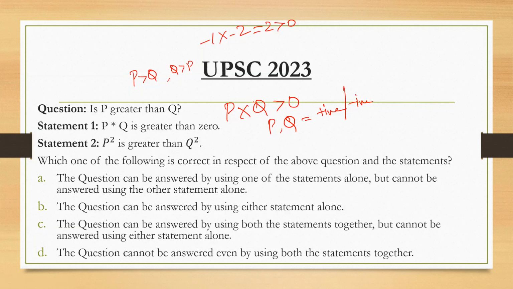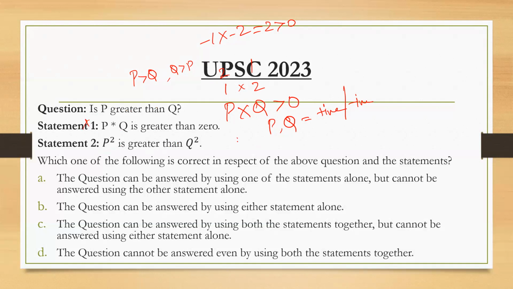When we only talk about multiplication, we cannot definitely say that P will be greater than Q. For example, the value of P could be 1 and the value of Q could be 2. Then Q is greater than P, but 1 into 2 is greater than 0. Or it could be the other scenario also, 2 and 1. So we cannot definitely say if P is greater than Q, because both scenarios satisfy the condition that P into Q is greater than 0. So statement 1 alone will not answer my question.